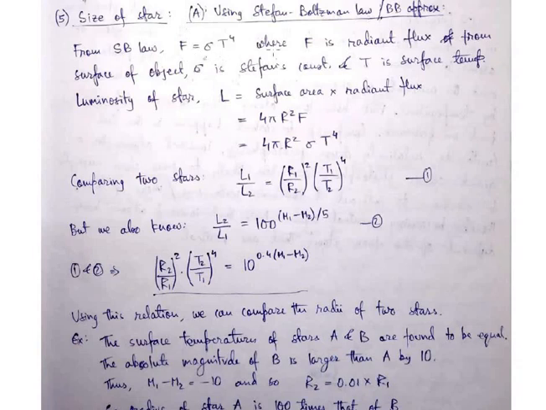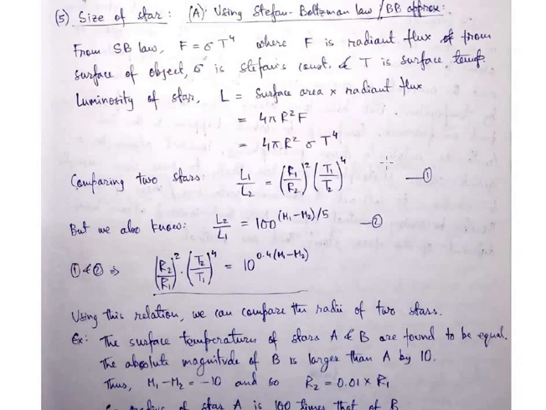flux proportional to T to the power 4, right? So let me write down the luminosity of the star, which is surface area times radiant flux. So it is this expression: L is equal to 4 pi r squared sigma T to the power 4. Now if we compare two stars, star 1 and star 2, then we have this expression.